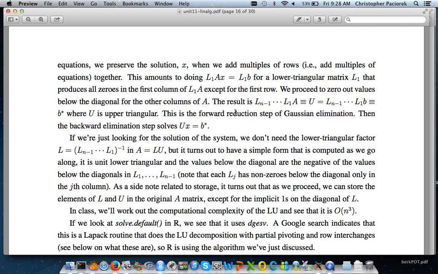Okay, so you guys should remember, from high school or something, when you're talking about solving systems of equations, that we can take linear combinations of equations, and the result is going to preserve the solution. It's going to preserve the answer x. So the trick is we're going to work our way down, and we're going to zero out this guy, this guy, this guy. Then we're going to zero out the guy here, and on downwards, and the result is we're going to zero them all out.